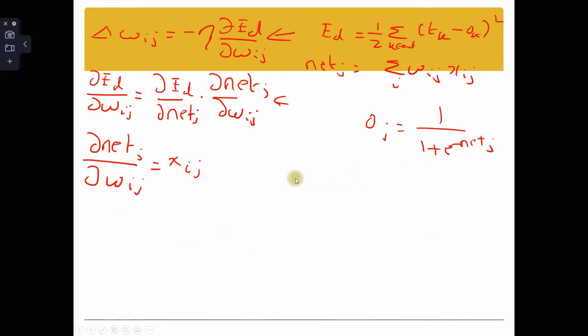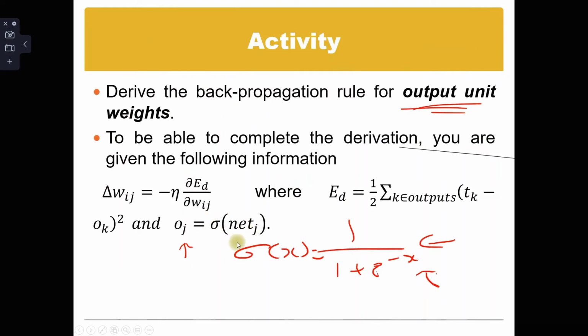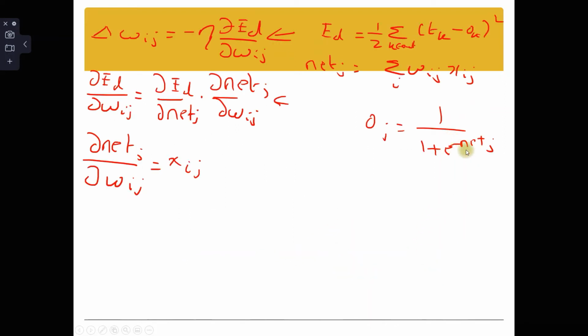So we see that o_j is equal to sigma of net_j, which means that it is 1 upon 1 plus e power negative net_j. So we have this rule somewhere here. What do we do then? We are going to use the chain rule again for that particular one here.